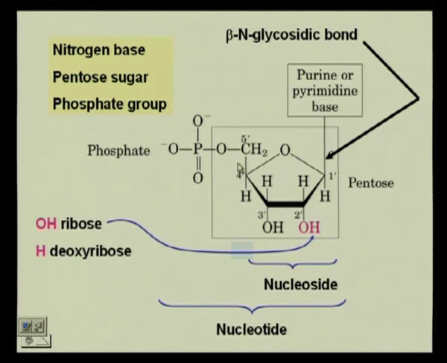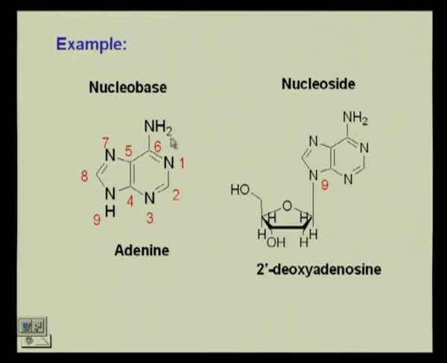So, when we have just the base attached to the sugar, we have a nucleoside. As soon as the phosphate is attached to the 5 prime position, we have a nucleotide. Okay. So, we have a nucleobase, an adenine, we have a nucleoside, which is the base attached to the sugar.